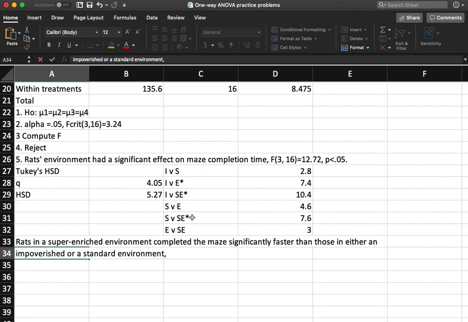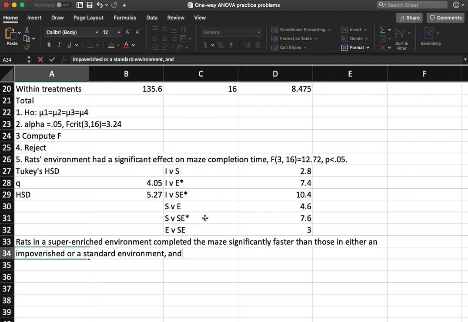So that's these 2. Super enriched is faster than standard, and super enriched is faster than impoverished, because I subtracted standard minus super enriched here and got a positive number, which means super enriched is smaller, which means they ran the maze faster because their time was lower. Same deal here.